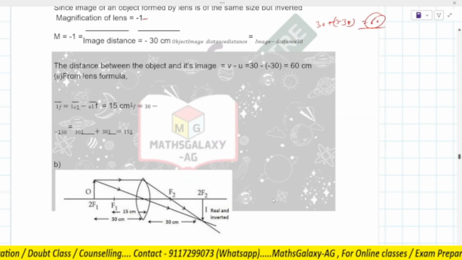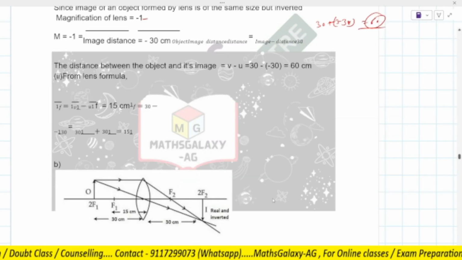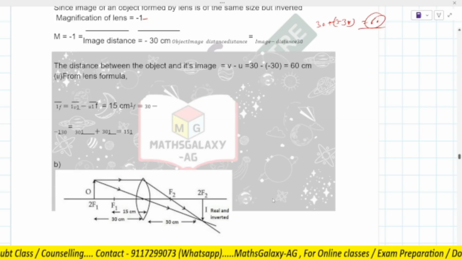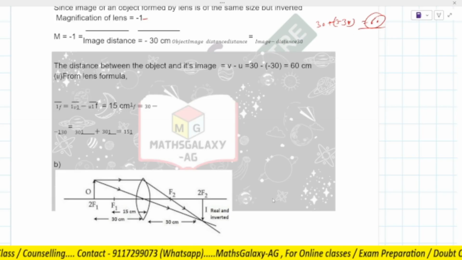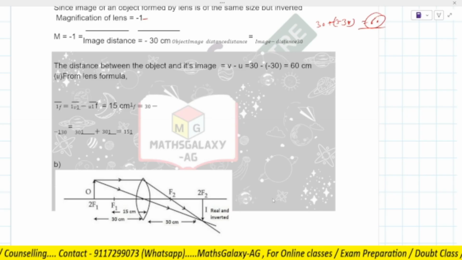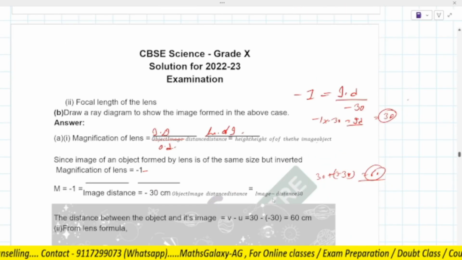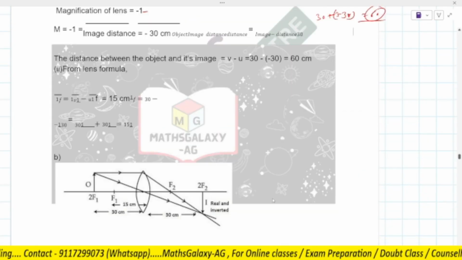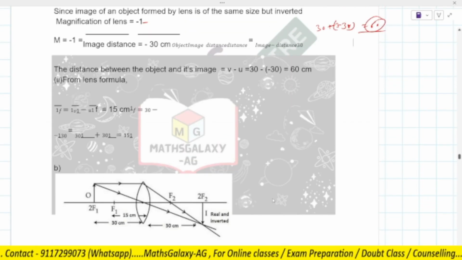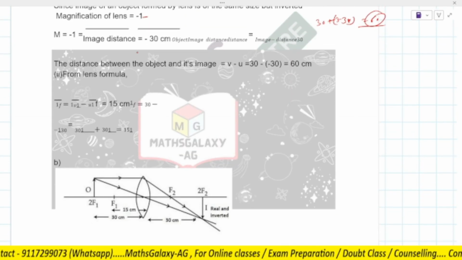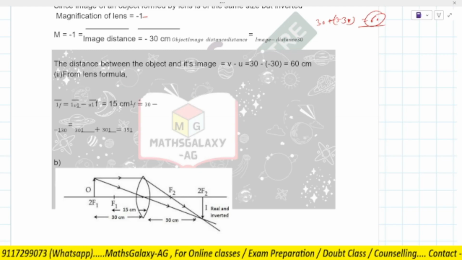See, now we will use the lens formula, okay? We have to find the focal length of the lens. See here the second question, focal length of the lens. So we will use the formula.